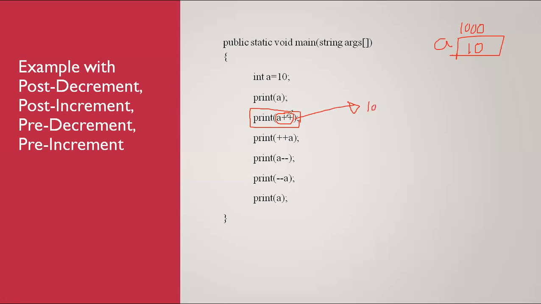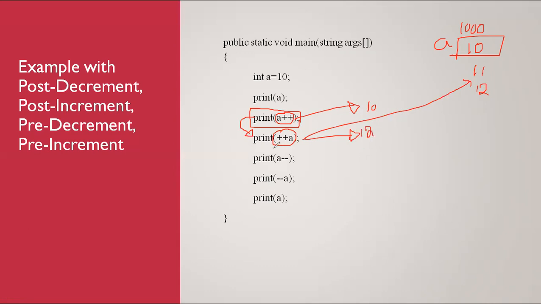After that, before getting into the next statement, the value of a will become 11. And then since it is pre-increment, before executing this statement, the a value will get incremented by 1, that is 12, which means before printing it, the value of a would become 12.